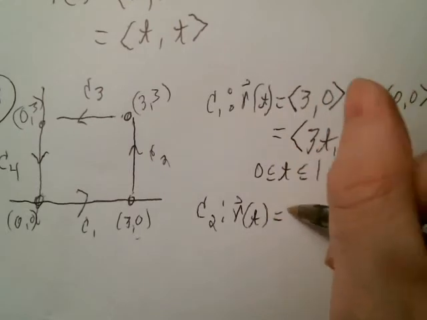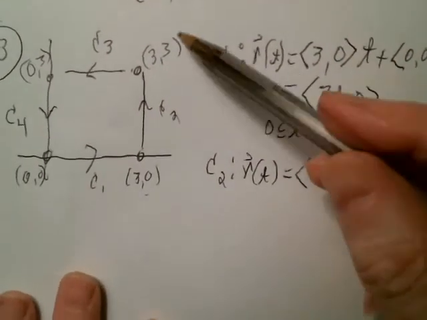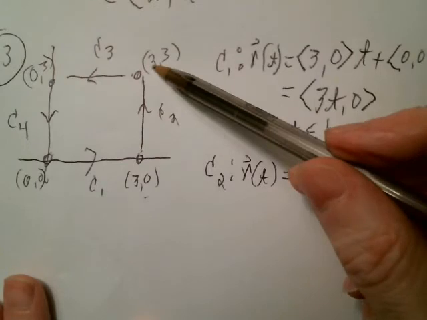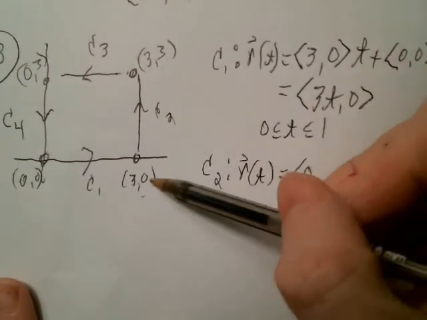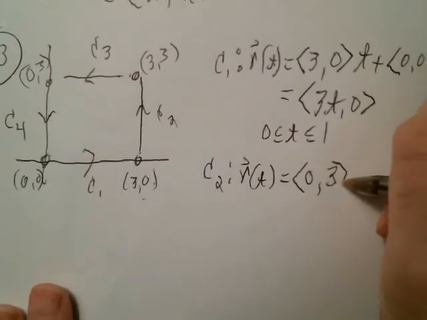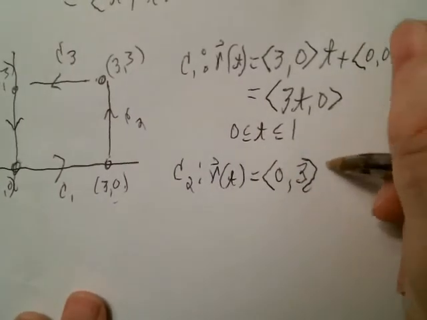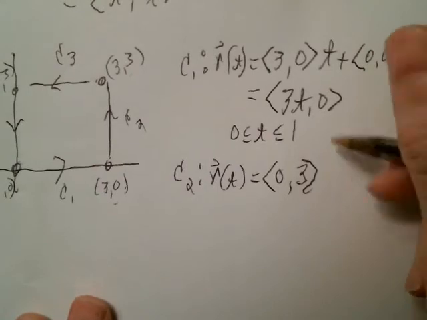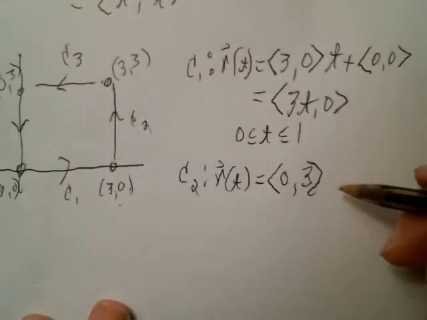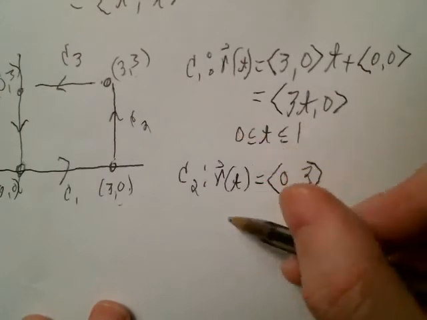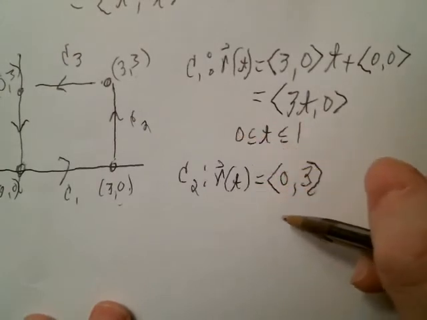In this case, so I'm going from here to here. So the slope, 3 minus 3 is 0, and then 3 minus 0 is 3. You could use the same parameter t, because ultimately you'll be doing 4 different integrals. And so it won't matter if you're going from 0 to 1 or 1 to 2. It just won't matter. Okay?